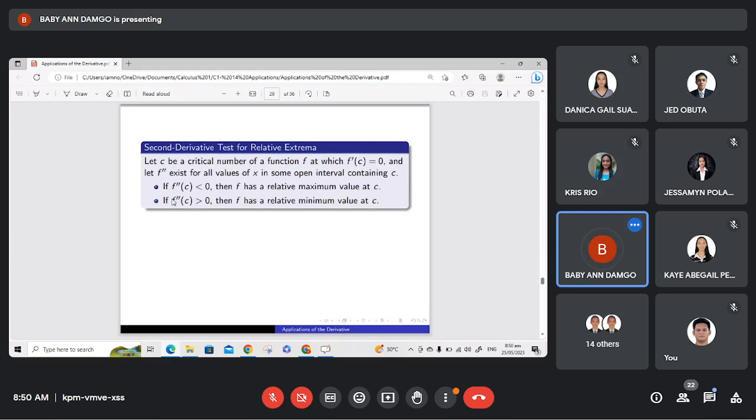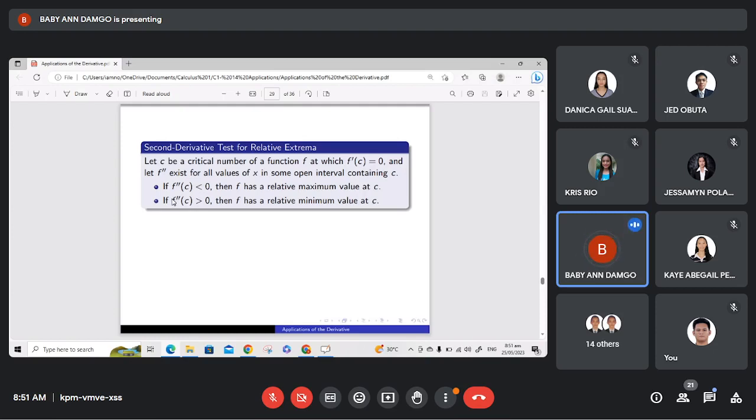We have the second derivative test. It is similar to the first, just different. This is to determine if f has a relative maximum or relative minimum. In this class, there is no need to check when x is less than or greater than the critical value. We only need the critical value.